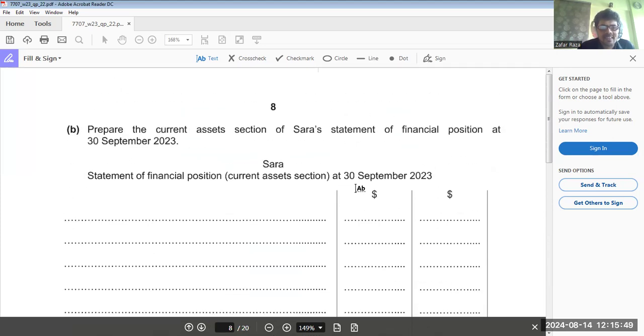Prepare the current assets section of Sara's statement of financial position at 30th September 2023. Current assets always start with inventories. First inventory is raw materials, then work in process, then finished goods.